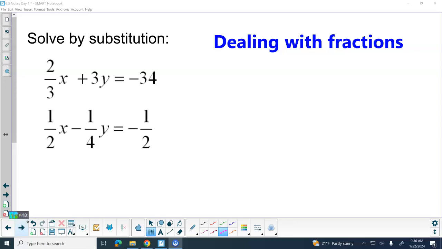What's the easy variable to solve for? Y, and which one? The one on the top? Okay. Then I'm dividing by 3 on negative 34? Doesn't work out, right? No.